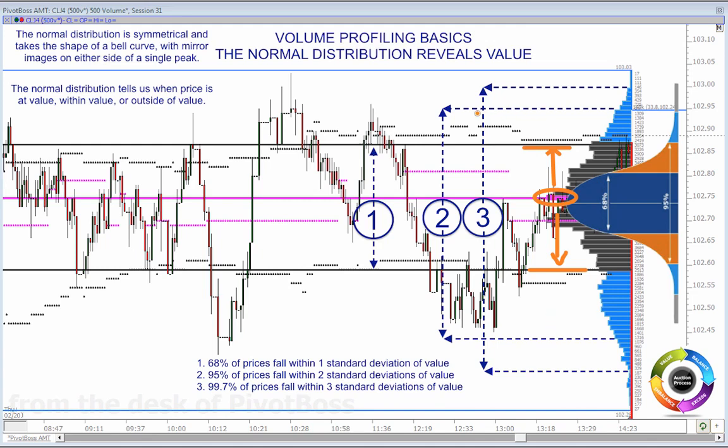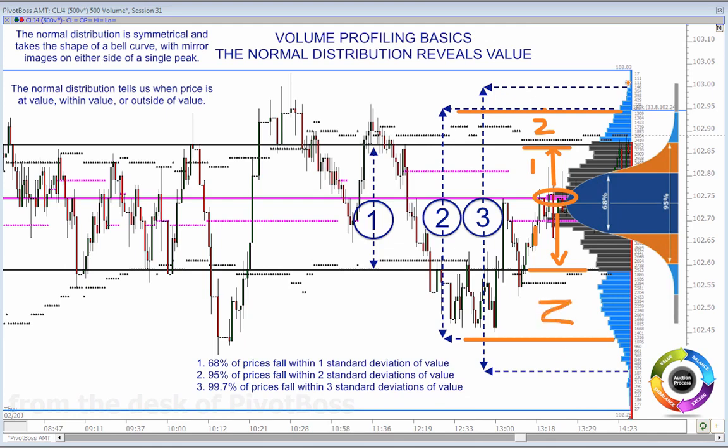95% of all prices fall within 2 standard deviations of price. So here's value. The top of value, that's 1 standard deviation, and down to the bottom of value, that's 1 standard deviation. Once you get above that zone, now you're out to 2 standard deviations away from price.